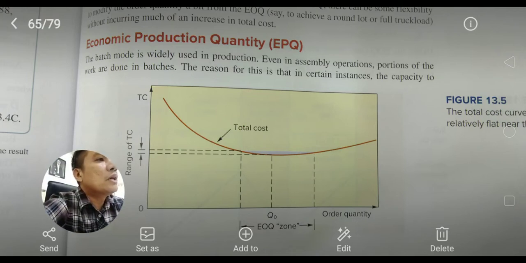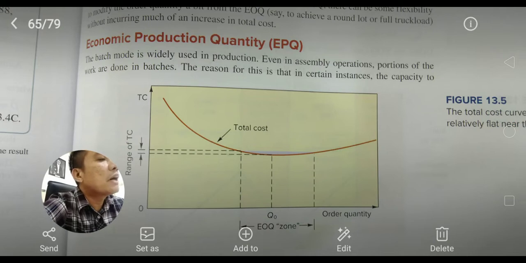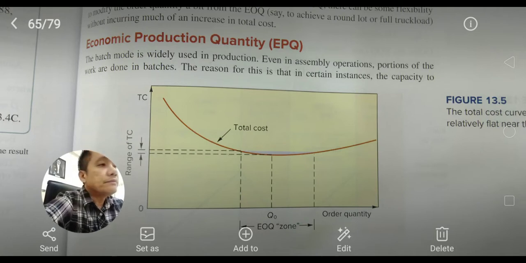Sa EPQ, hindi ganon. Continuous yung increase ng quantity ng inventory, pero nababawasan din yung inventory because of usage. And the maximum amount of inventory is reached hanggang tumigil ang operations mo or hanggang tumigil ang pag-produce mo. Okay? I hope that's clear.